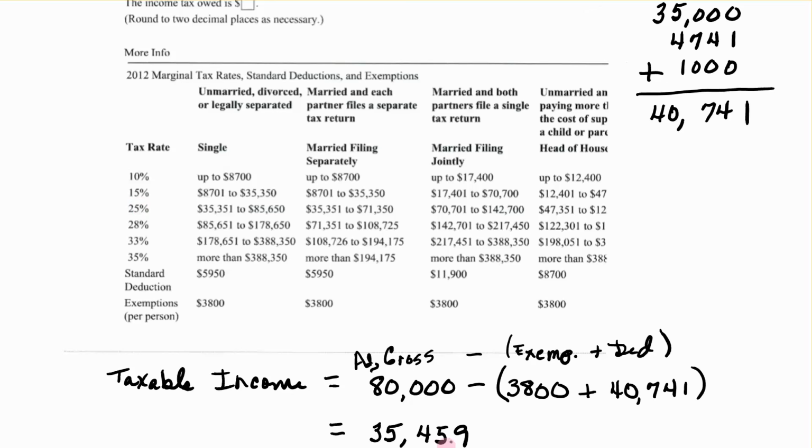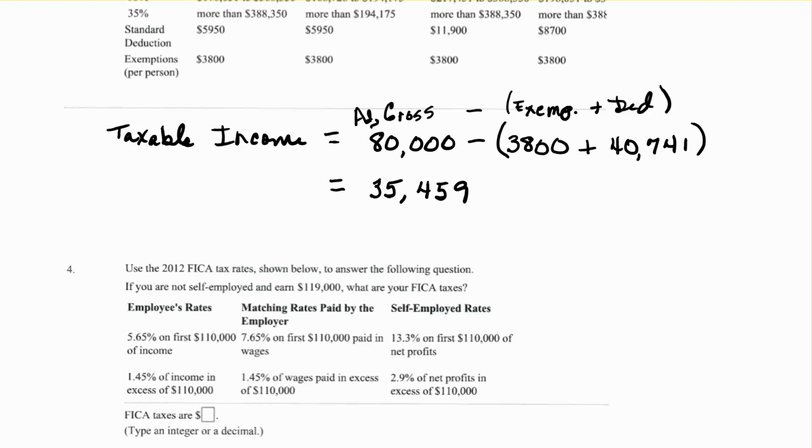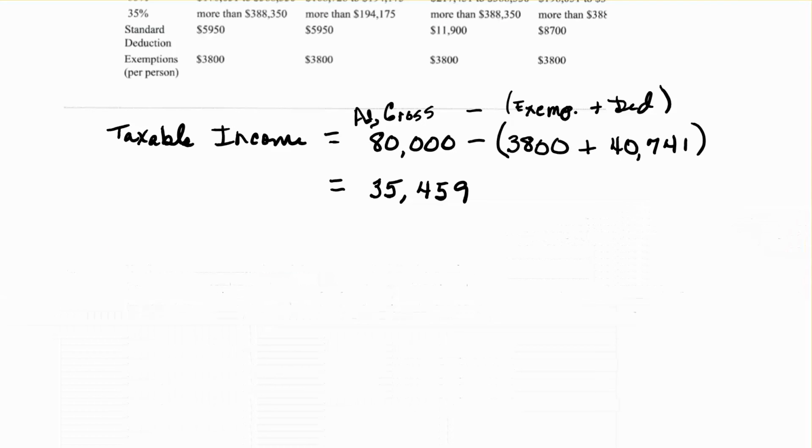So this guy's amount is $35,459. Okay, so here's what's going on. Your tax is 10% of the first $8,700 that you earn.